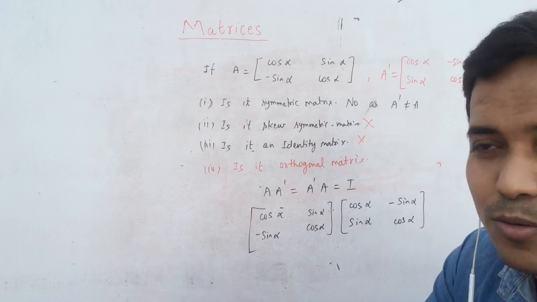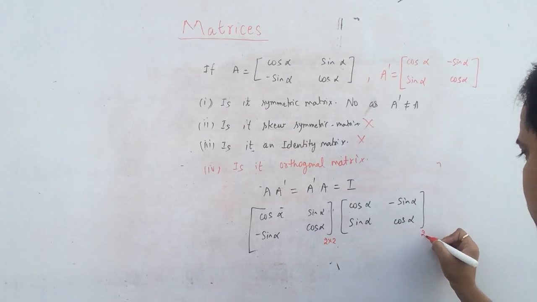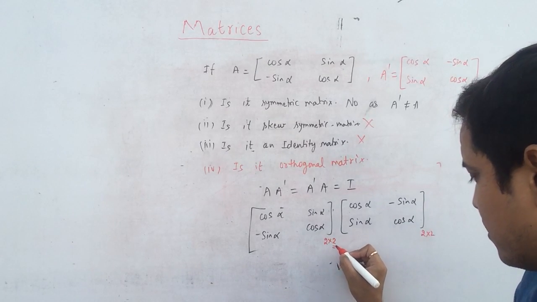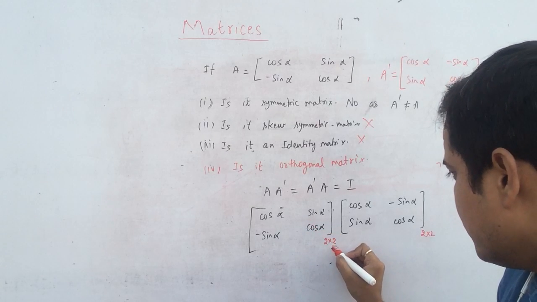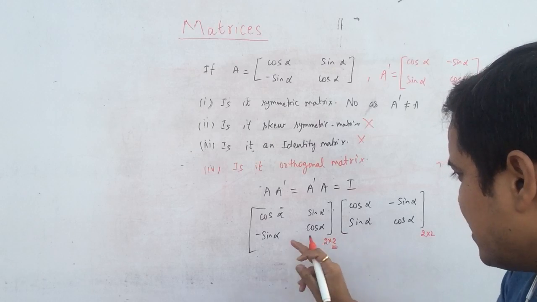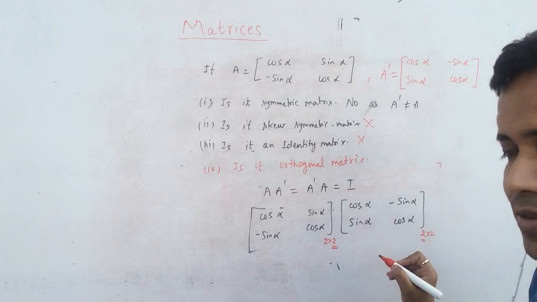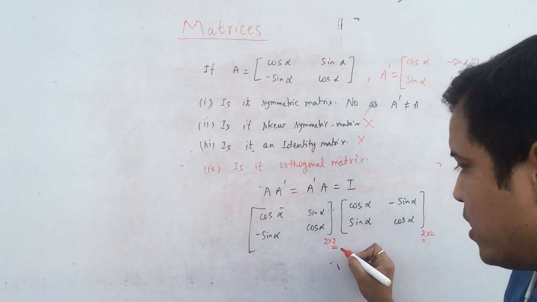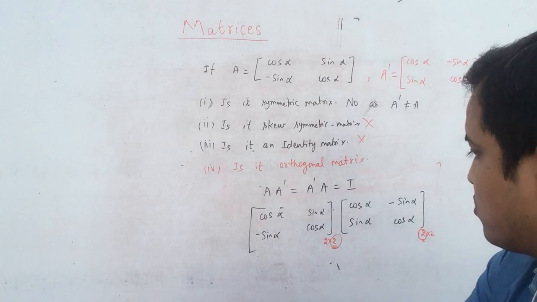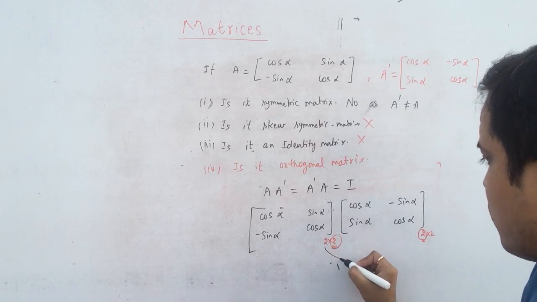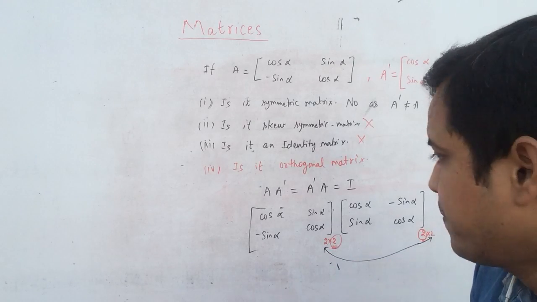For the product, check the first rule: the number of columns of the first matrix should equal the number of rows of the second matrix. The condition is fulfilled. Now you will get 2 cross 2 as the order of the product.